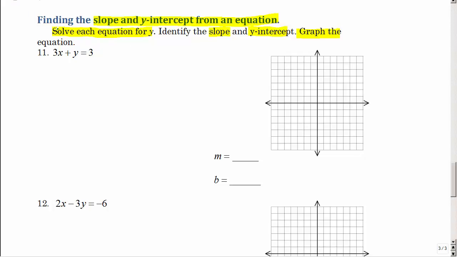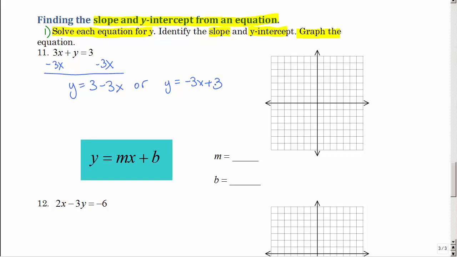First thing you do is solve for y. Get y by itself. How can I do that? Subtract 3x. So I have y equals 3 minus 3x. Could I also write that as y equals negative 3x plus 3? Yes, I can.